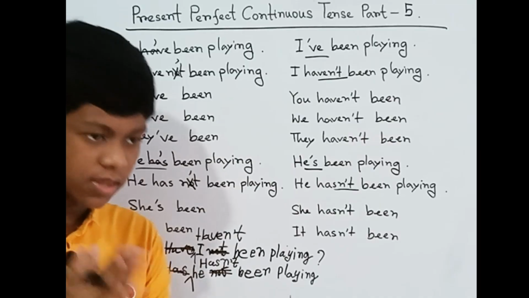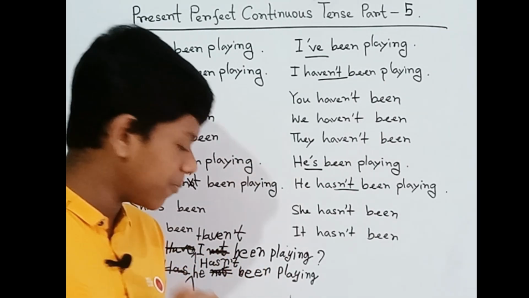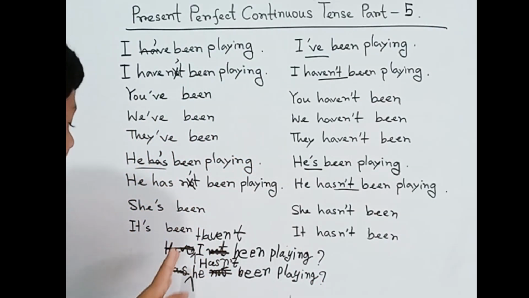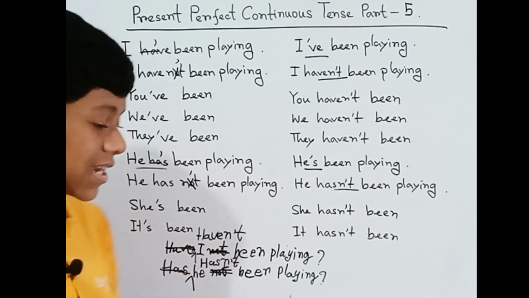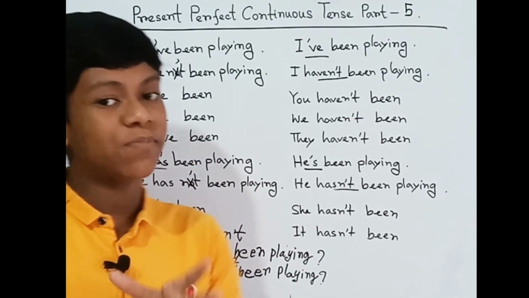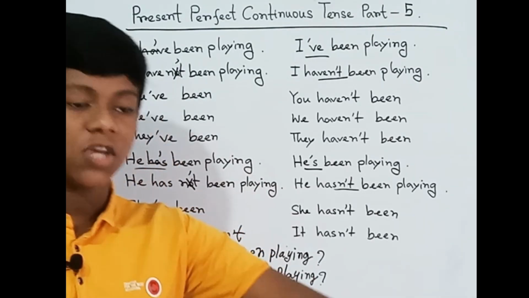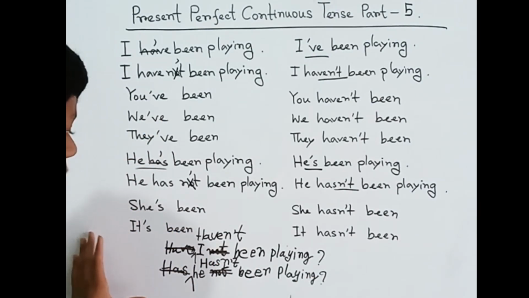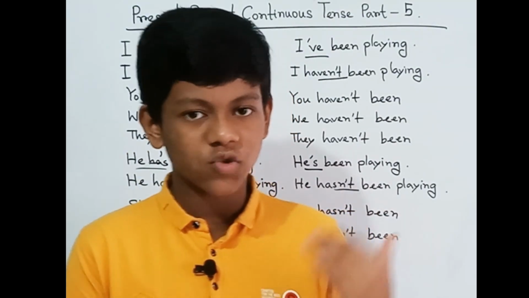So if you only say hasn't he been playing, then the people will understand that is, has he not been playing? That's the easy technique to explain to people, and that will save your time. And if you say have I not been playing, it wastes your time and takes more time. Okay, I hope you get it. This is the easy technique to understand this.